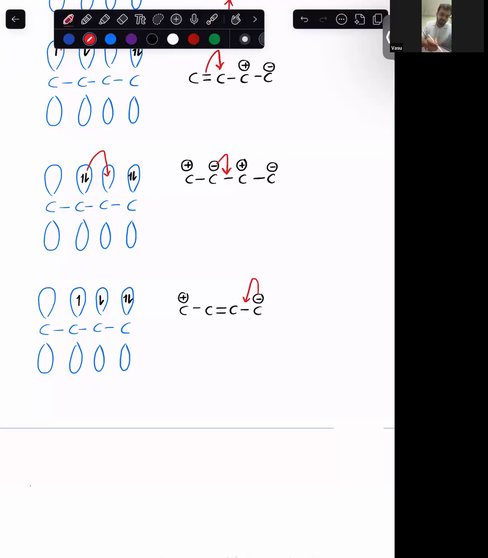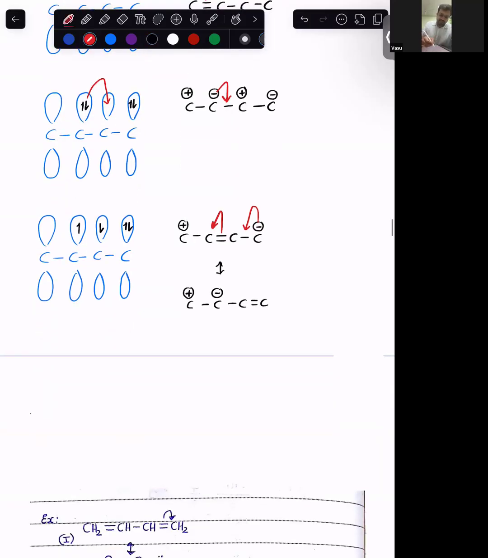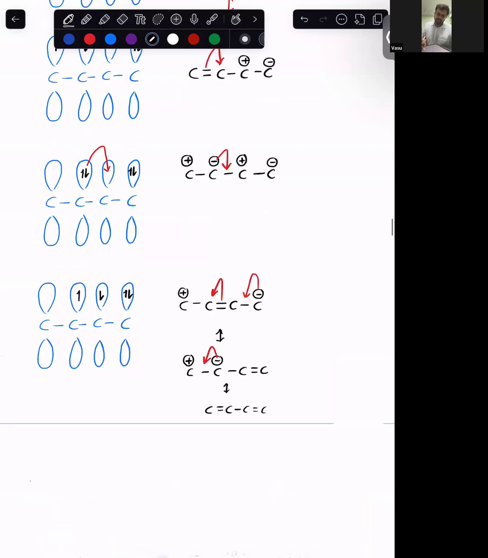So what we will do, you break the pi bond and take this as a negative charge on this, which will give me this structure. C positive, C with a negative charge here, then you have double bond C. You are seeing negative and positive side by side, form a pi bond. So you got back the original structure. Understood?